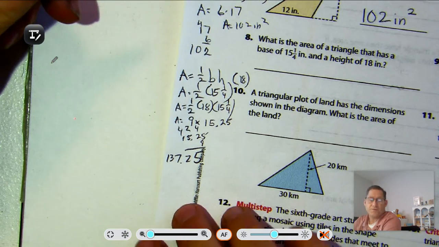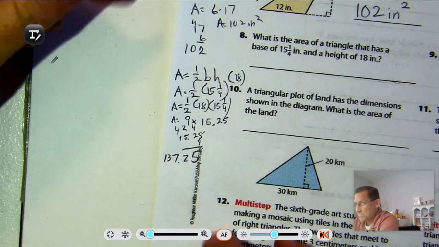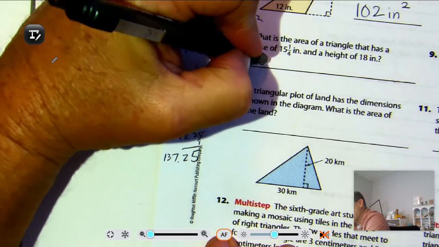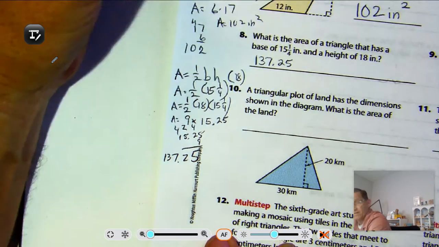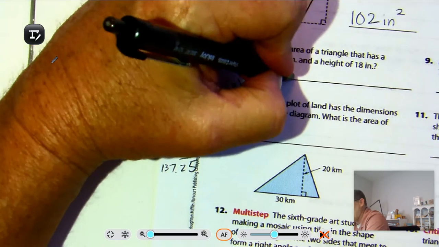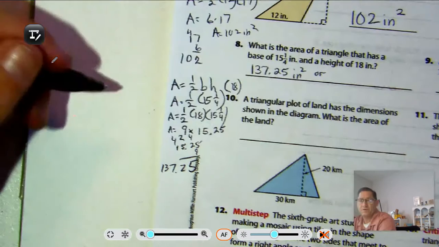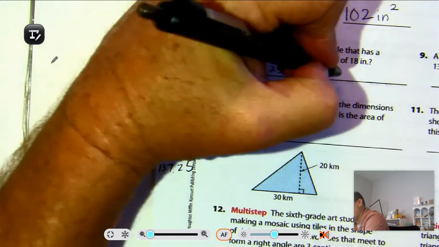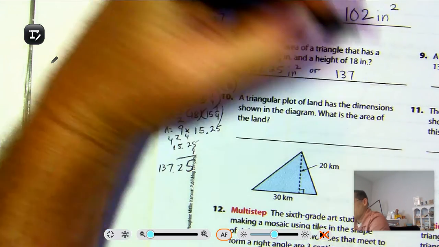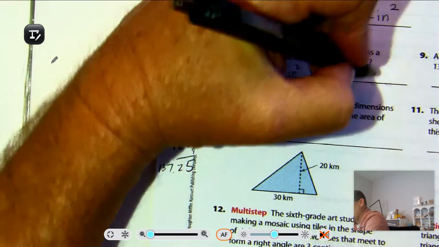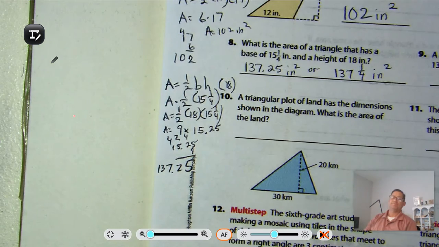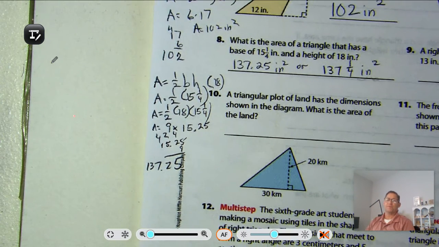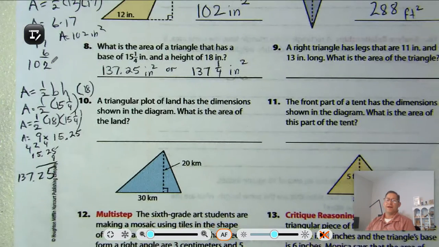We'd get 137.25, or 137 and 25 hundredths square inches. Or we can go ahead and rewrite it as a fraction. 25 hundredths is the same as 1/4. So either way is correct.